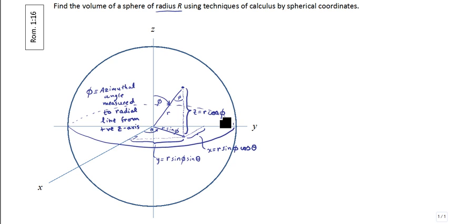All right, so having done that, now let's move over and remind ourselves what a volume element would look like in spherical coordinates. So let me redraw the x, y, and z axes.